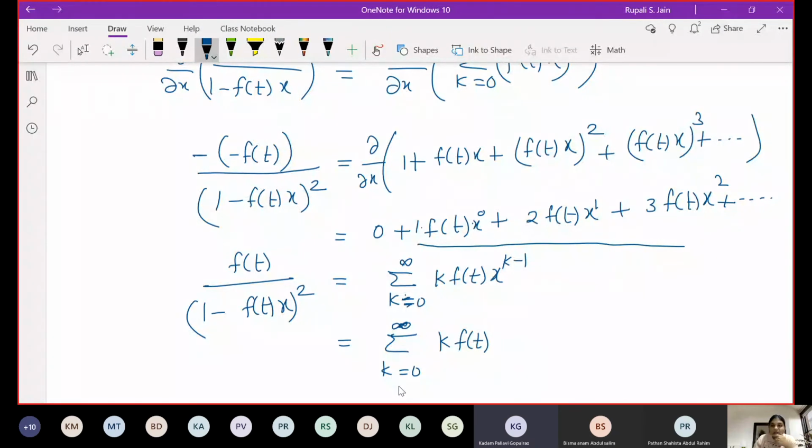Here it is f(t) raised to 1, and this is also square. No, here it is cube. Here it is f(t) square.